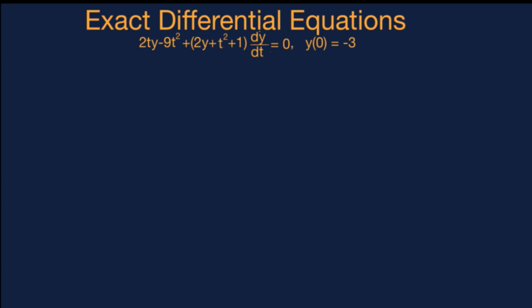So if you have an equation that you suspect is an exact differential equation, the first thing you need to do is make sure that it's in the correct initial form.